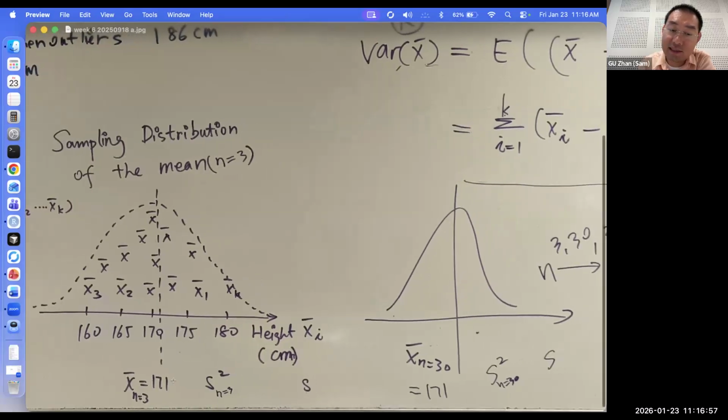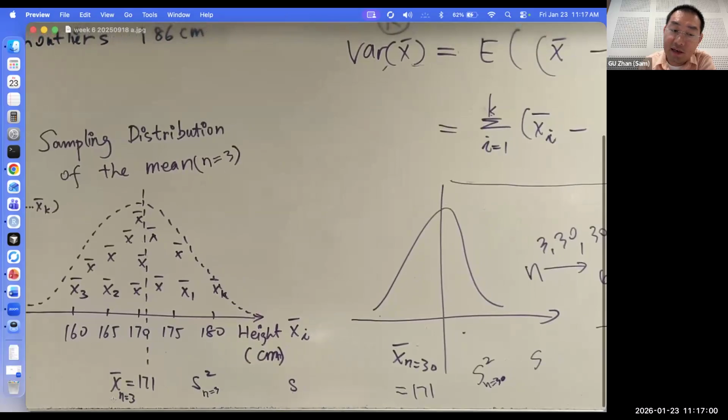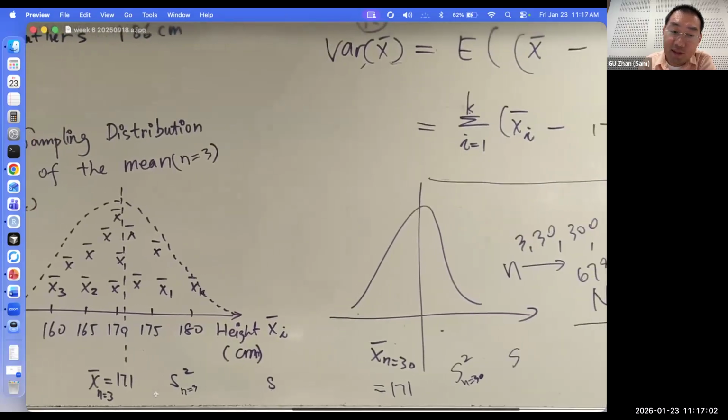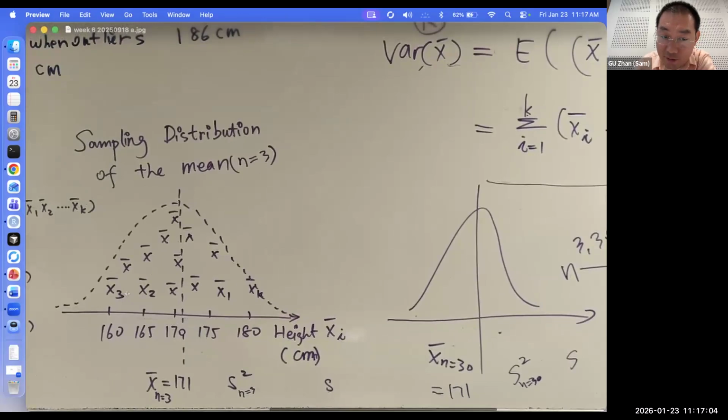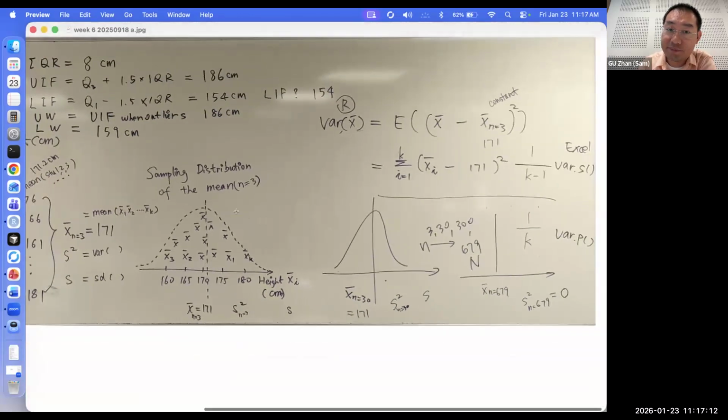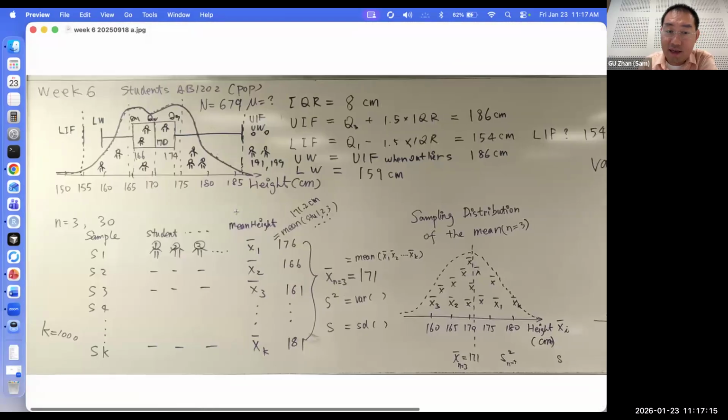Assume it is 171, with n equal to 3. Then we can also calculate the variance and the standard deviation of so many sample means.